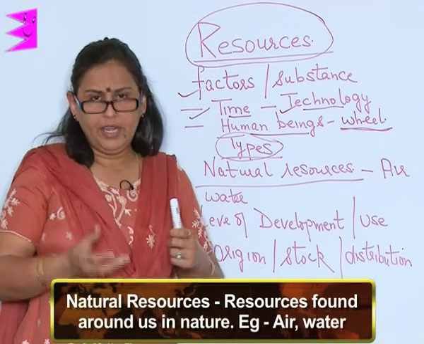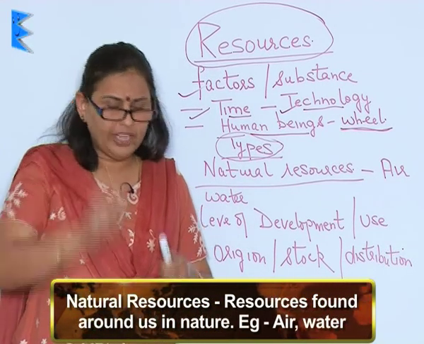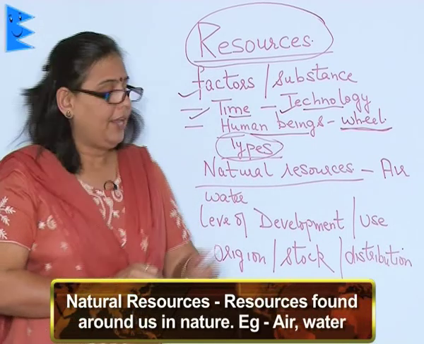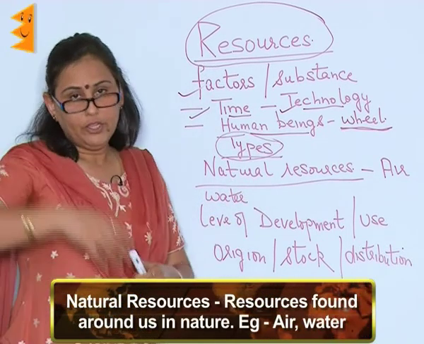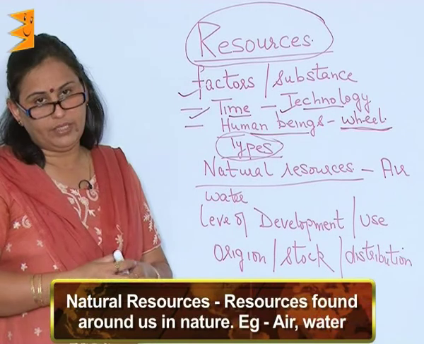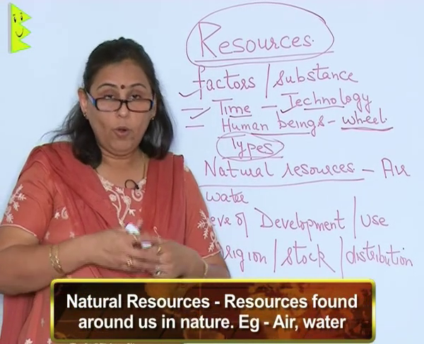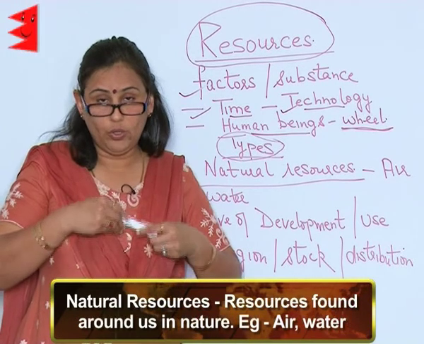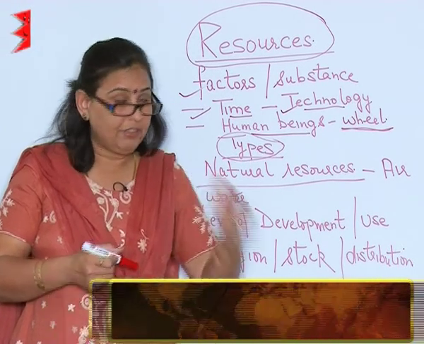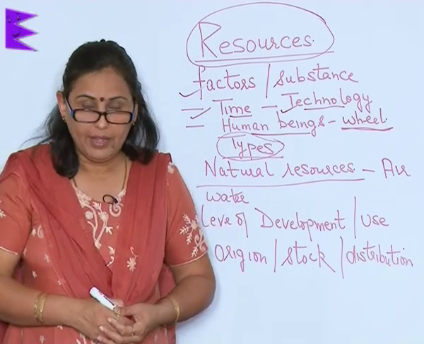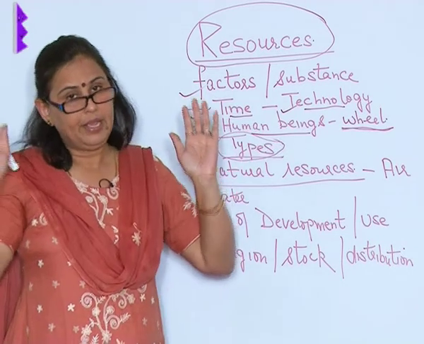There is no need, or very little changes have to be made, in order to use them. So, they are a ready resource. If I talk of air and water, all these are natural resources being given to us by God, and they are free flowing in nature.